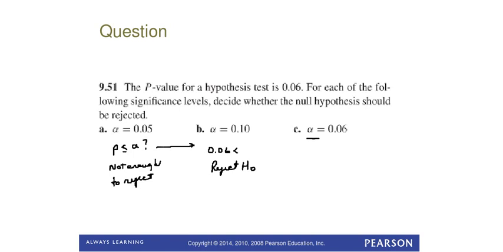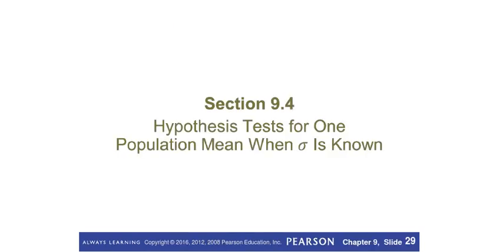Well, based on what we said before, we reject if p is less than or equal to alpha. So we're kind of on the cusp right here. Well, it's actually equal to. And in this case, do we reject? We might have enough evidence to reject. This might indicate actually that we need to do our test again. All right, more to come.